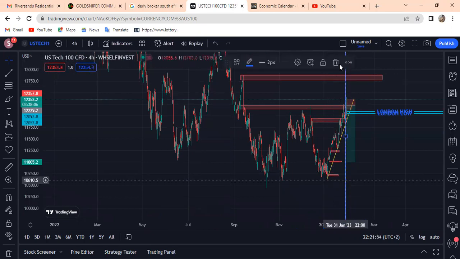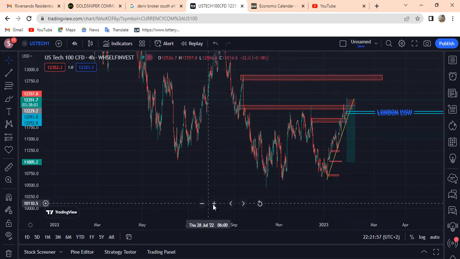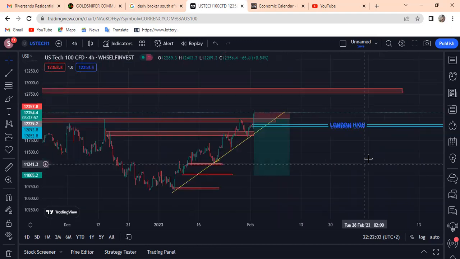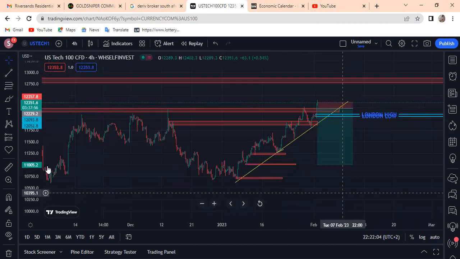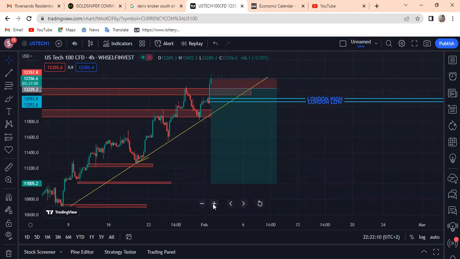So order blocks can be invalidated. For example, order blocks can be invalidated due to momentum as well. So you're gonna have to check the order blocks. Anything can happen in that time of day which can cause that order block to be invalidated.